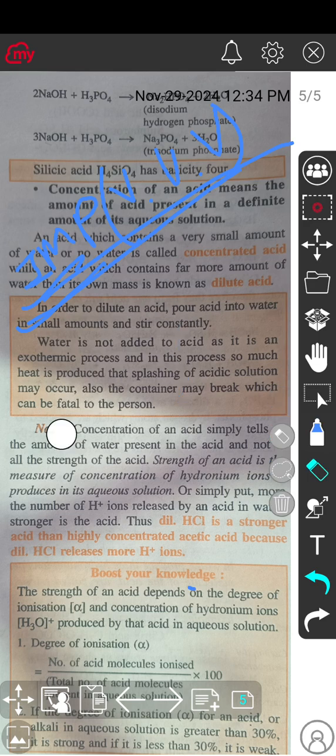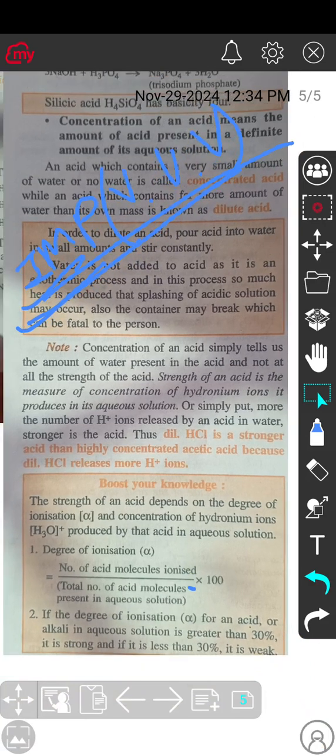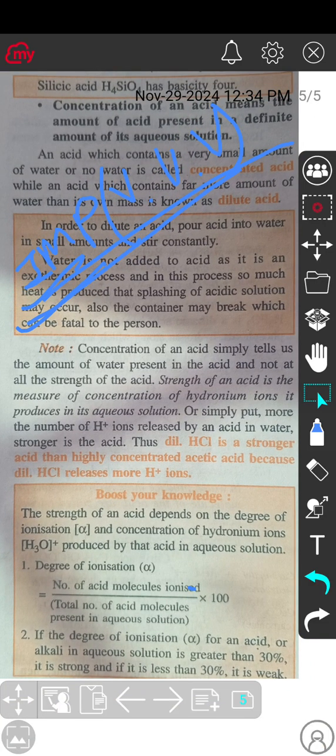Now, concentration of an acid simply tells the amount of acid present. It can also tell the amount of water present, but it does not tell how strong the acid is. It does not tell the strength.